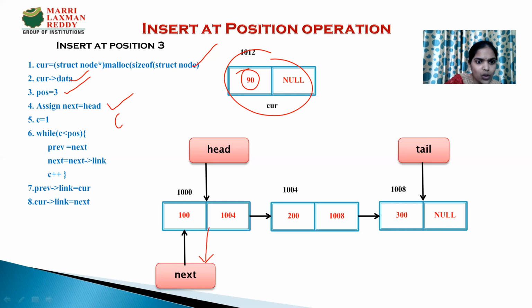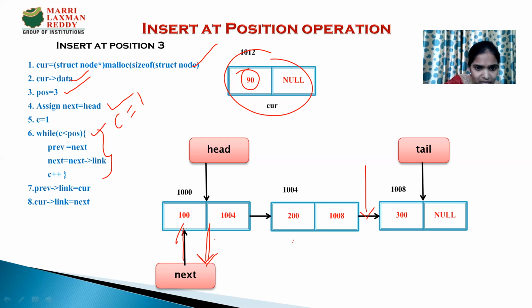Now I'm making the count value 1. It means the position is at the first node. Now I'm using a while loop. Why am I using a while loop? Because if I want to move to the third position, I have to move from the first position to the second position and then from the second position to the third position. For this purpose, I'm using the loop.